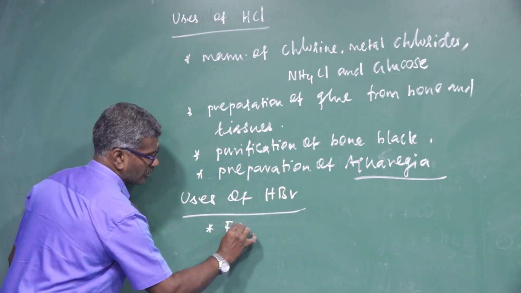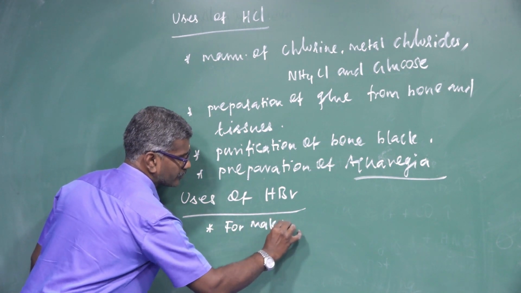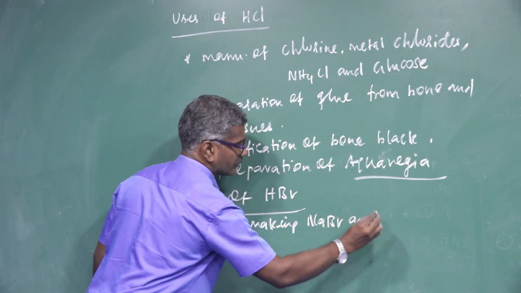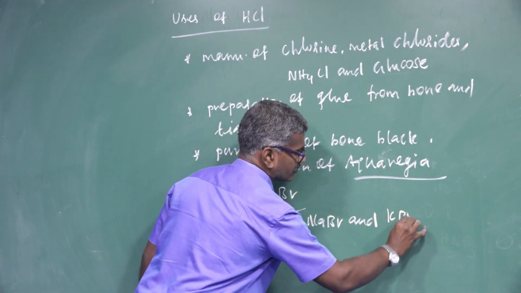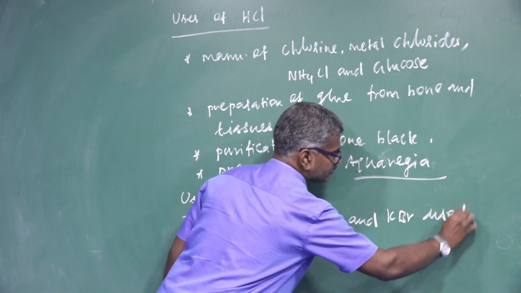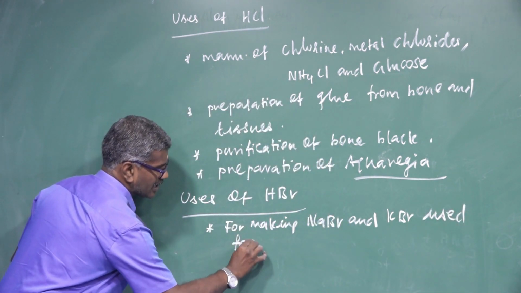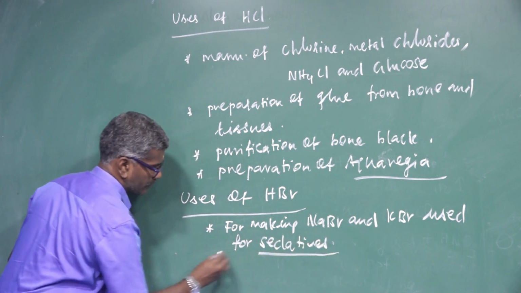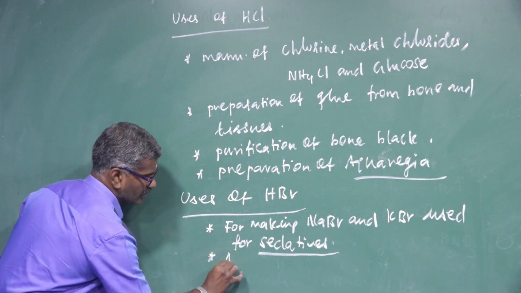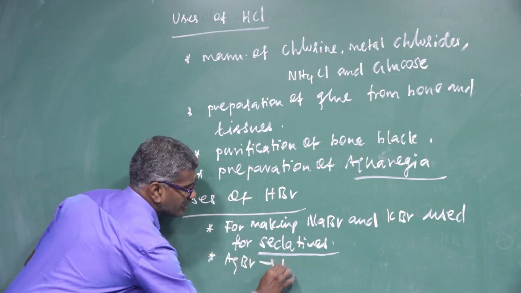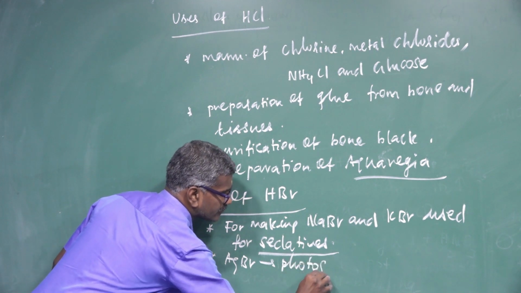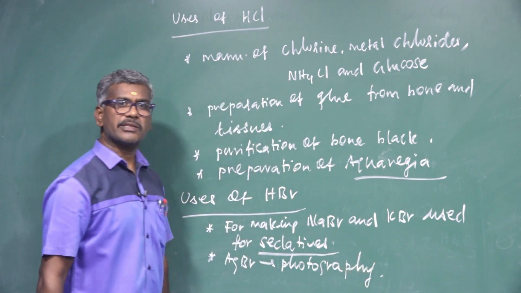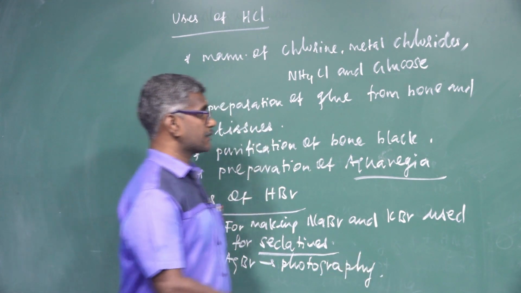First one, for making NaBr and KBr. These are used as sedatives. Another one, AgBr is used in photography. These are the uses for HBr.